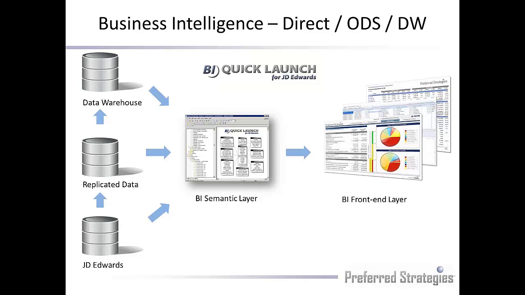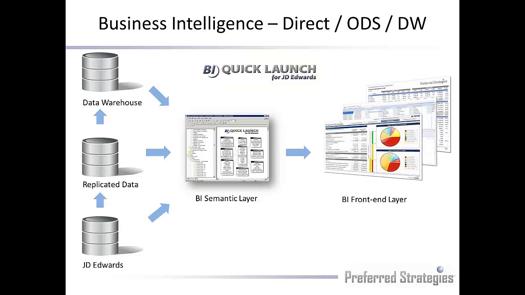So if I'm a user building a report, at least with preferred strategies, BI quick launch content, I wouldn't be getting a different end user experience if I was pulling a report against the data warehouse or the direct connect, because that middle layer looks the same either way.